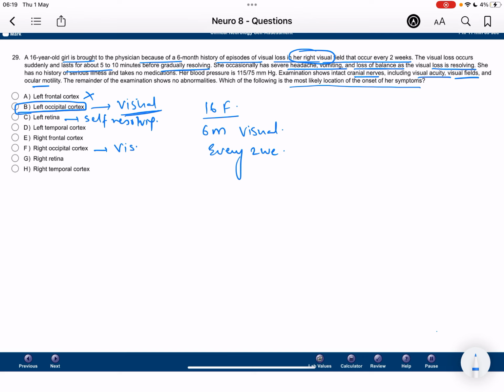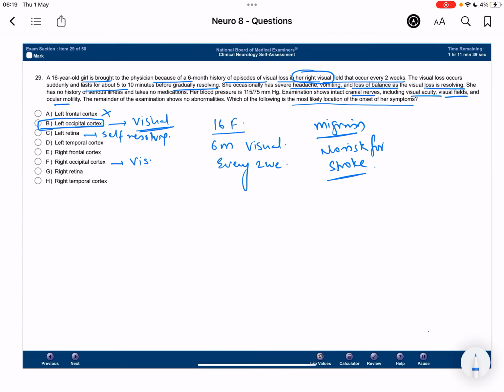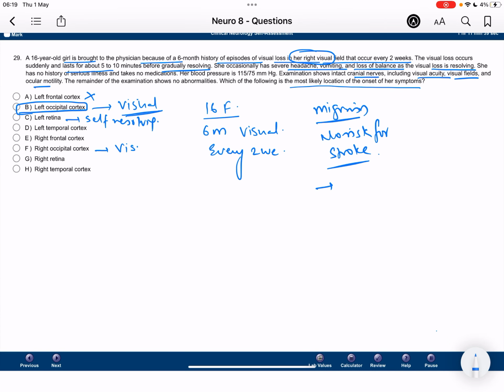The examiner is talking about something in a 16-year-old, so I will think of migraine because there are no risk factors in this patient to consider a stroke. So migraine is a possibility here, especially occipital migraine is what the examiner is talking about.